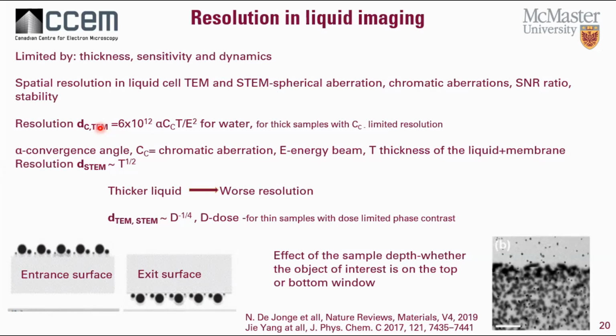The resolution in STEM depends mainly on the thickness of the sample. In both TEM and STEM, resolution is proportional to the dose, which implies that improving the resolution requires a much higher dose, but also shows that there is an advantage to choosing slightly lower resolution for beam-sensitive samples.